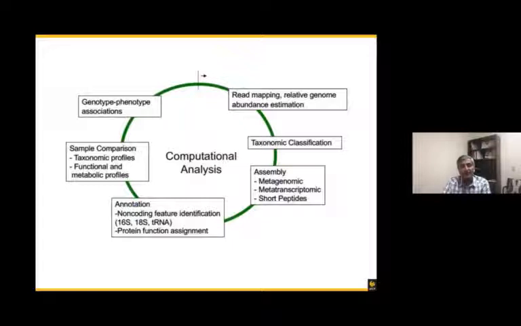Can you build predictive models that can predict what the phenotype looks like based on the genotype information? Underneath all of this really are a whole slew of interesting combinatorial algorithms and machine learning based approaches that my group and other groups have been using.